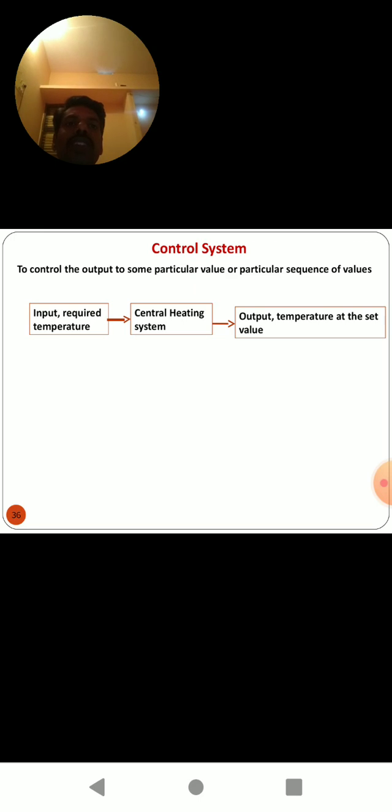So these physical components, connected or related in a sequential manner to control, command or direct another system, is called a control system.